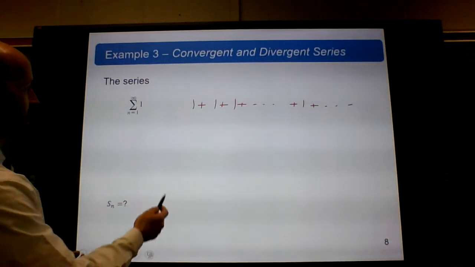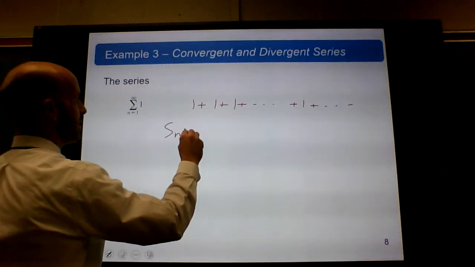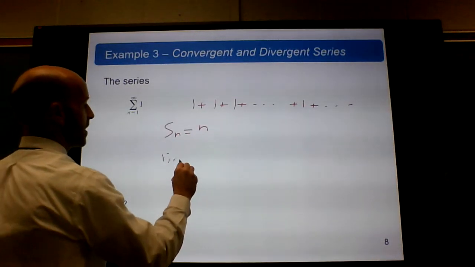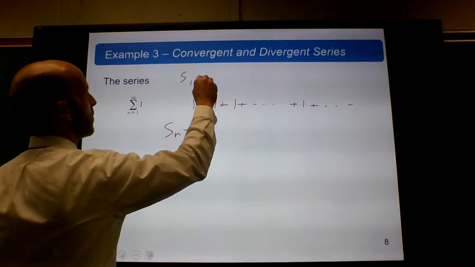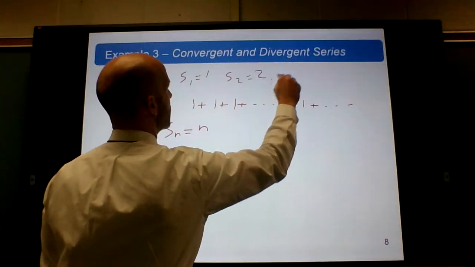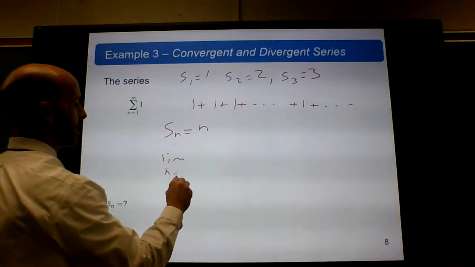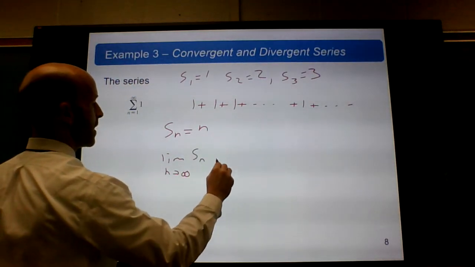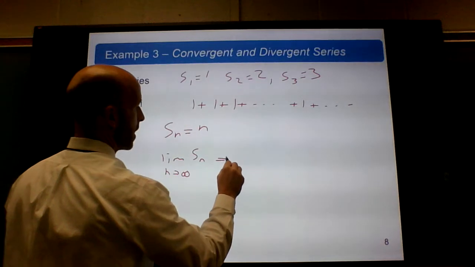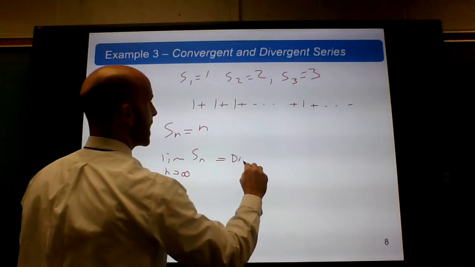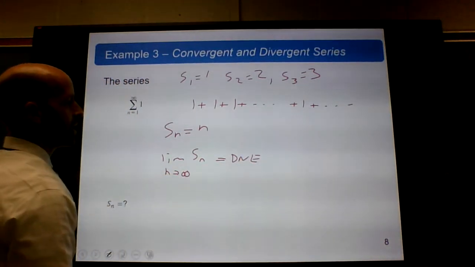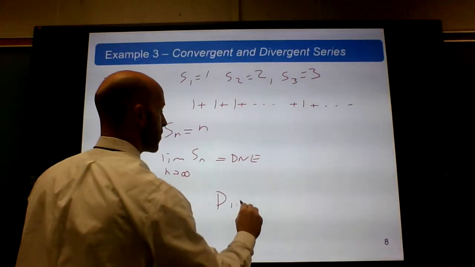So basically, the formula for s sub n is n. s sub 1 is 1, s sub 2 is 2, and s sub 3 is 3. And then the limit as n goes to infinity of s sub n is infinity. I'll just write D and E for diverges, and therefore this one diverges.